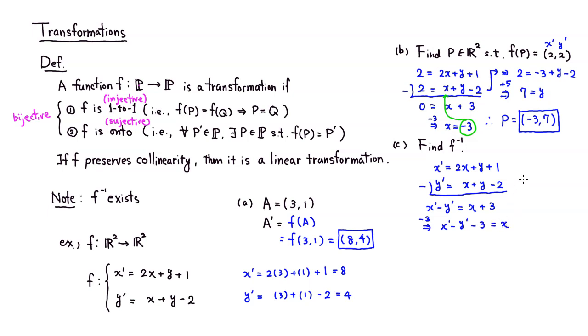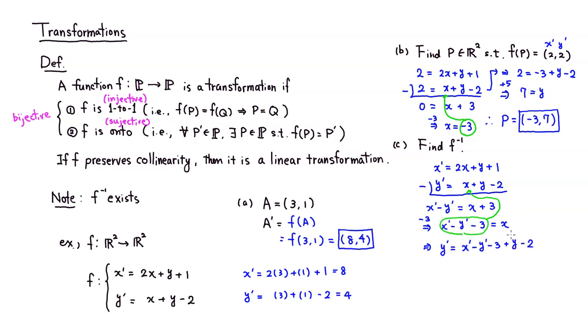All right, so we got that. And then we want to solve for y. I'm going to do a similar thing, since we already have x right here. I'm going to just plug this in and see what happens. So y prime is already there. I'm going to replace this x by x prime minus y prime minus 3. And then we have plus y and minus 2.